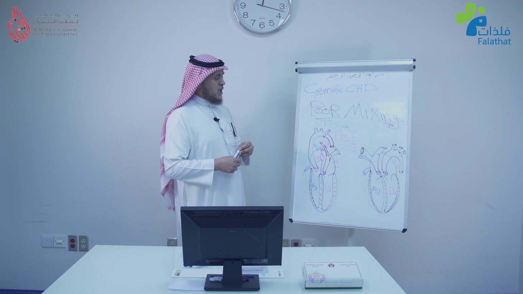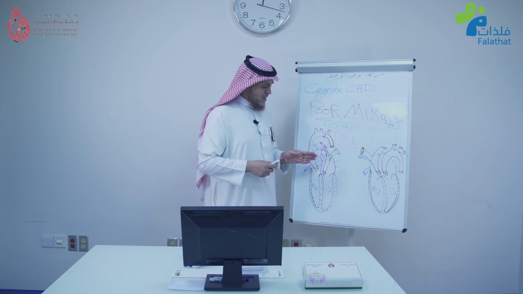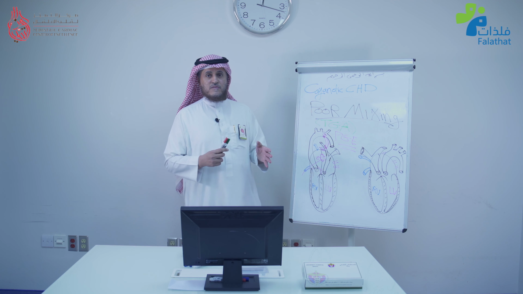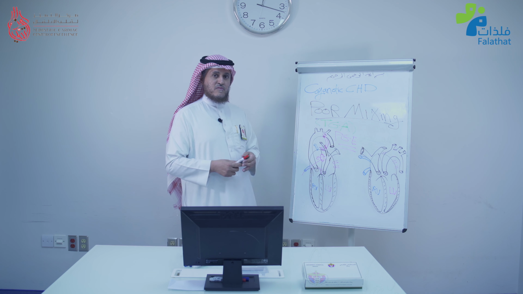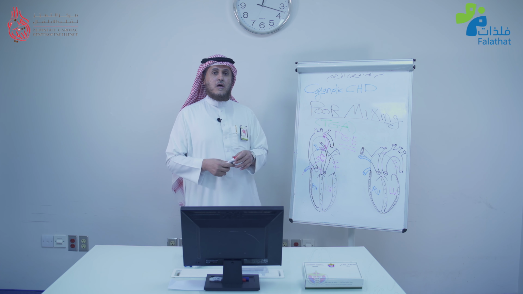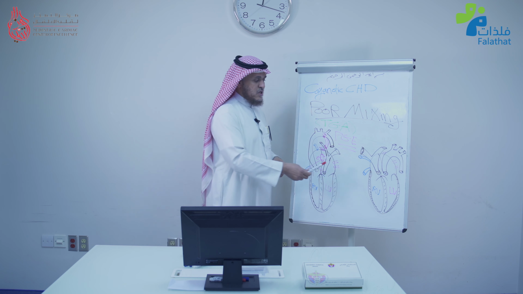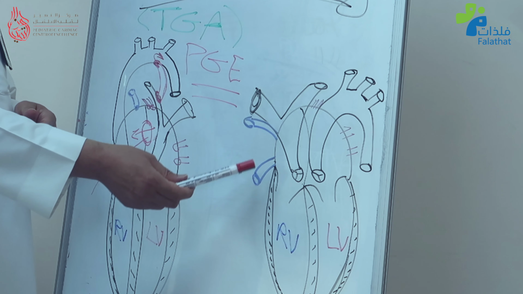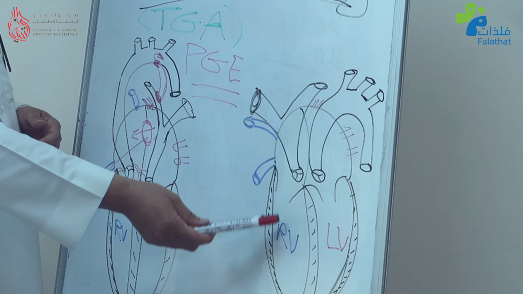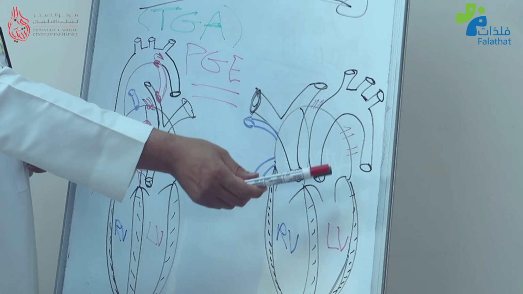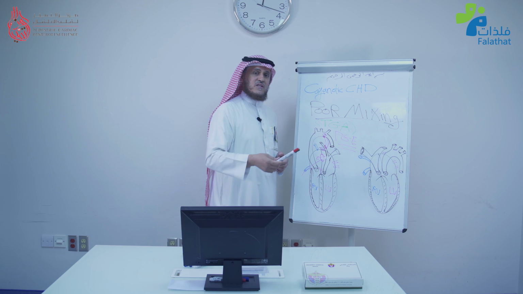We talked about, finally, the poor mixers, where it is not a matter of right to left shunt or decreased pulmonary blood flow. Actually, in transposition, there is increased pulmonary blood flow, yet they are still extremely blue because the circulation is not in succession like in the normal side, where it goes from the venous return to the right ventricle, to the lungs, to the left atrium, to the left ventricle, and then to the aorta and the body, and back to the right ventricle.